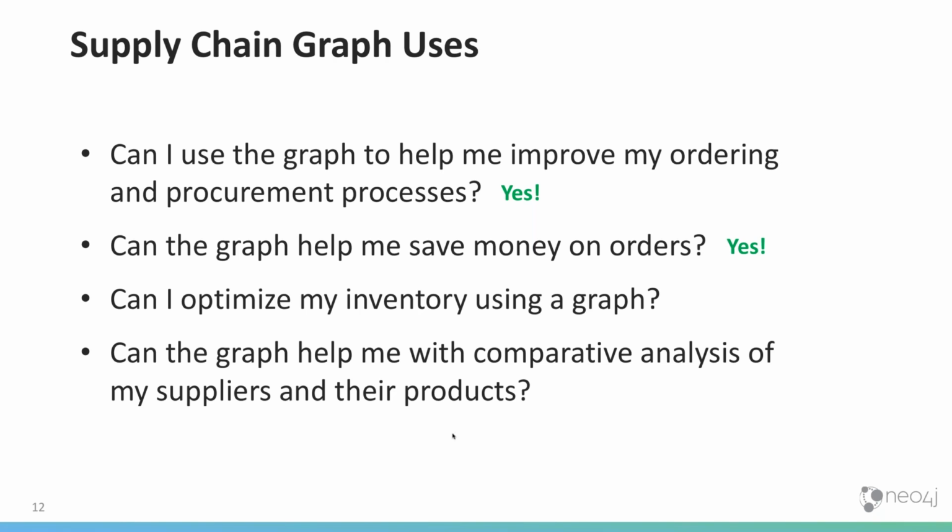Can you optimize your inventory using the graph? Absolutely. Again, when you know how many of each part you have available to you, where those are, how long they'll take to get to you, and what vehicles those are going to have to go in terms of your forecast, you can then move your inventory about so that it's in the right place at the right time.